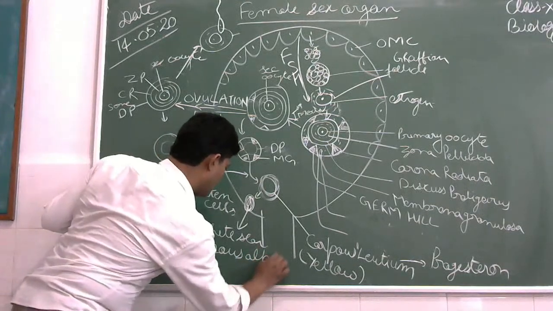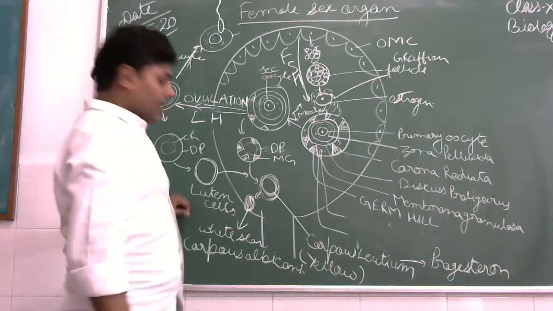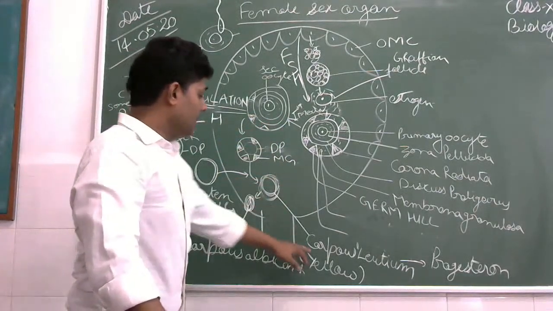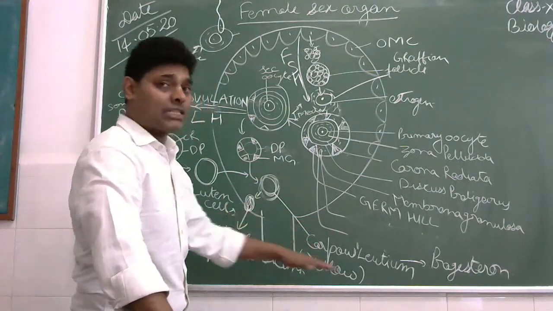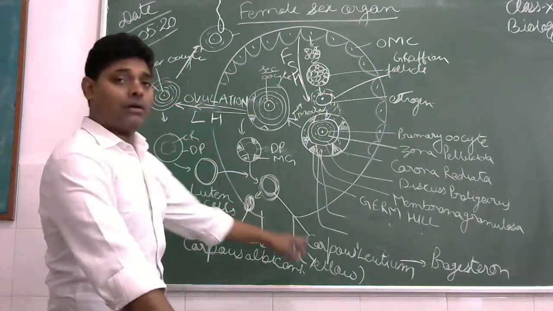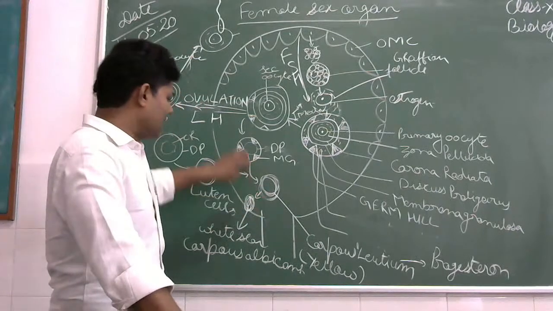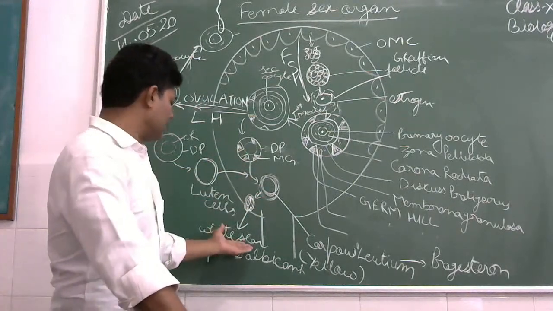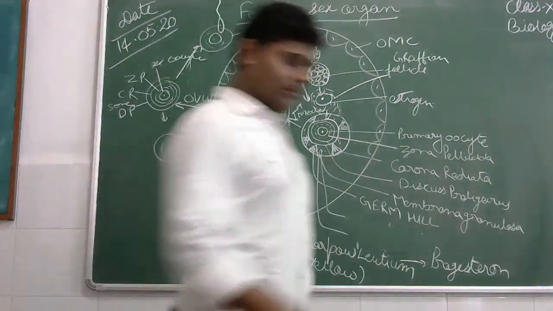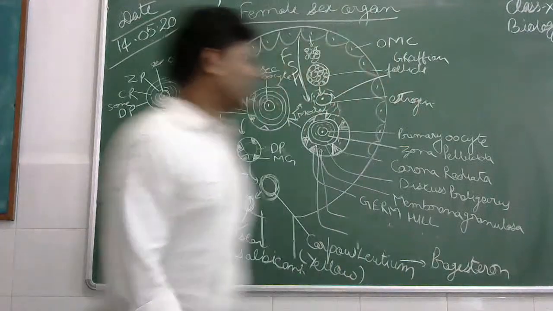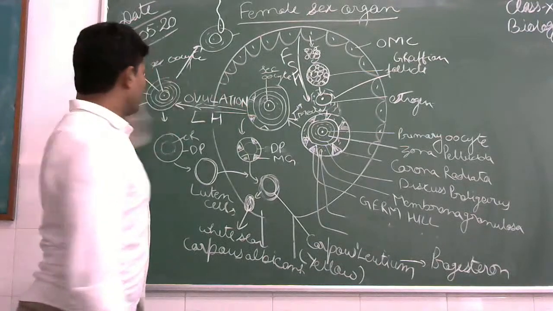So if fertilization takes place, it makes the corpus luteum, which remains active during the whole pregnancy. And if fertilization does not occur, then this corpus luteum shrinks and makes a white scar structure, that is termed as the corpus albicans. Now, what happens further in fertilization? So, you get it? Okay?